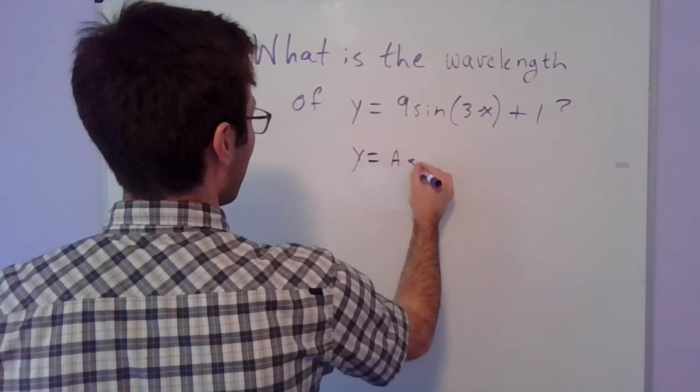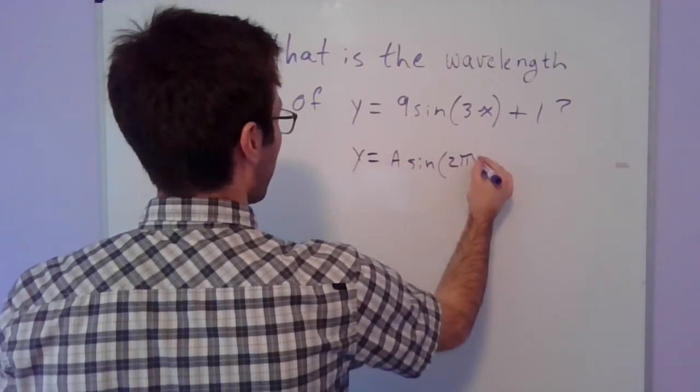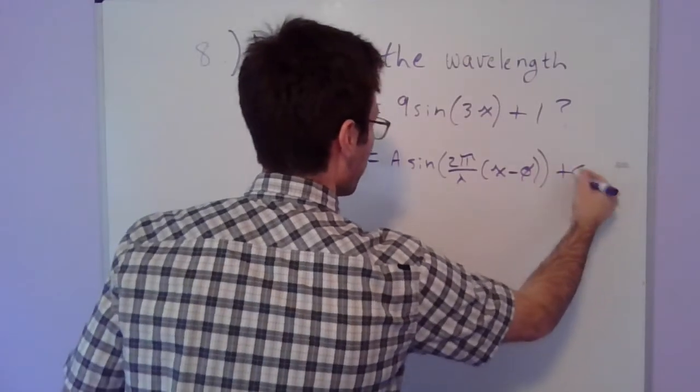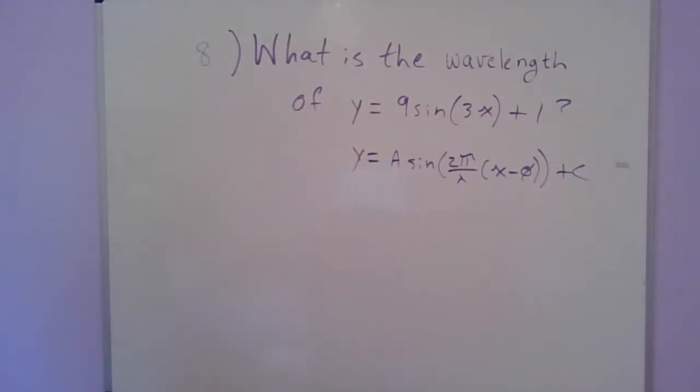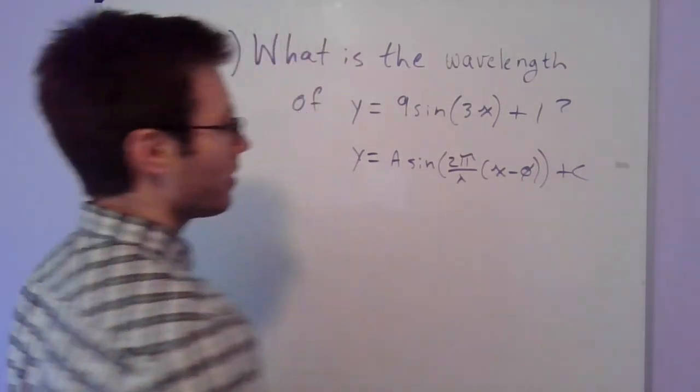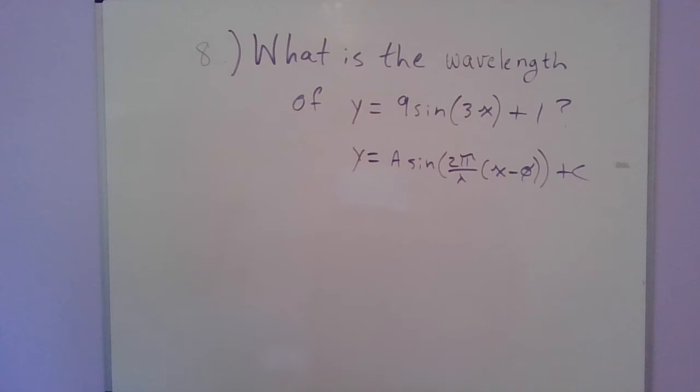Remember, it's a sine of 2 pi over lambda times x minus phi plus c. That's the equation. Now, this one it's kind of tricky, and we'll get into this in some other examples.